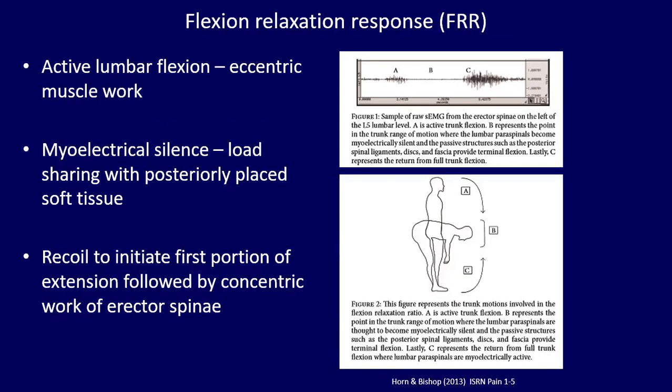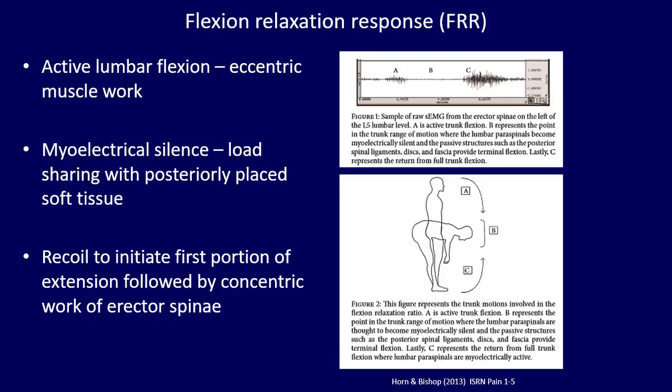As we bend forwards into flexion from a standing position, we would naturally assume that the spinal extensor muscles contract eccentrically as we move into flexion, and as we move back up to the standing position, the spinal extensors should contract concentrically.